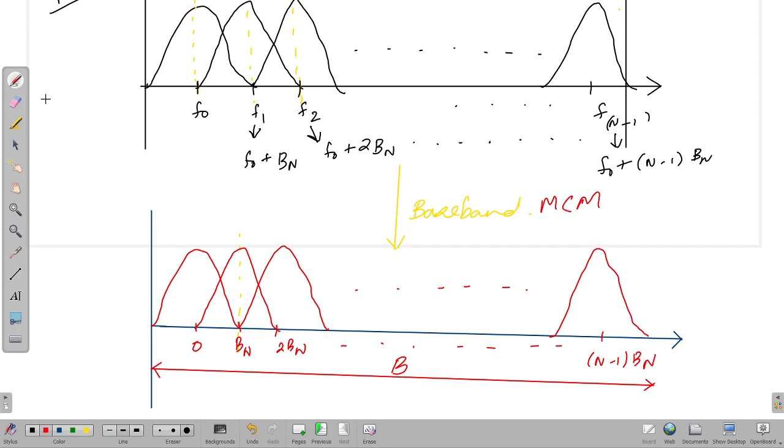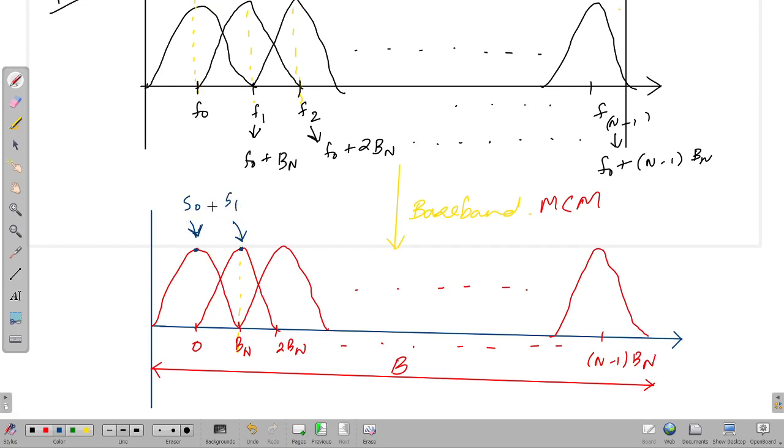And now modulate each of these subcarriers with symbols. Multiply each of the subcarriers here with symbols. So this symbol, maybe it is S0, this is S1. I'm writing capital S0, S1.